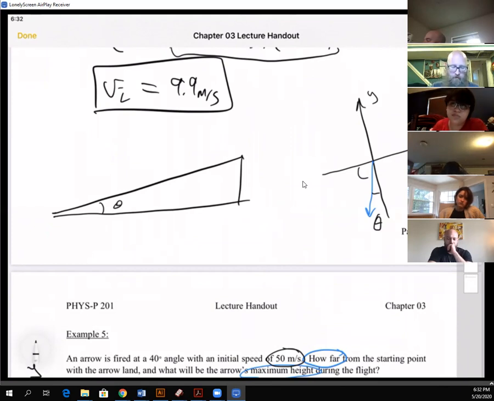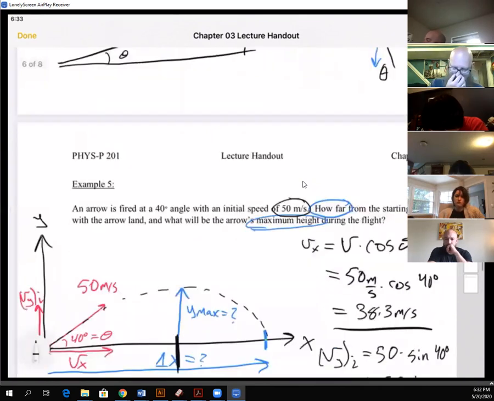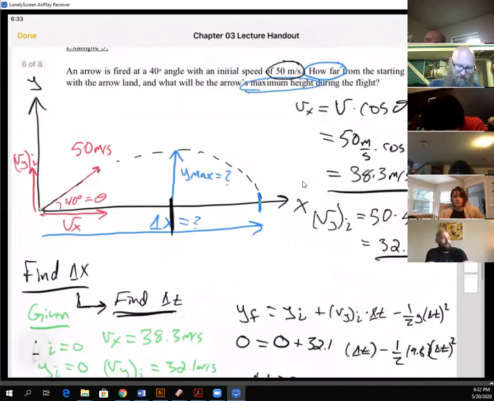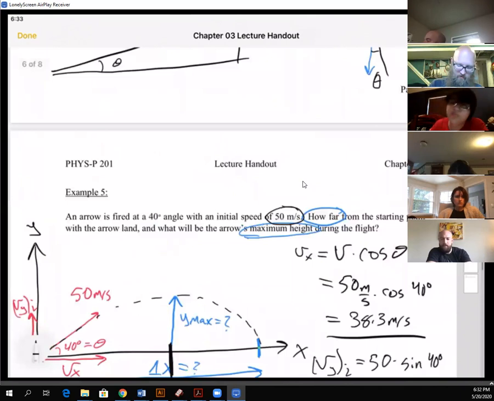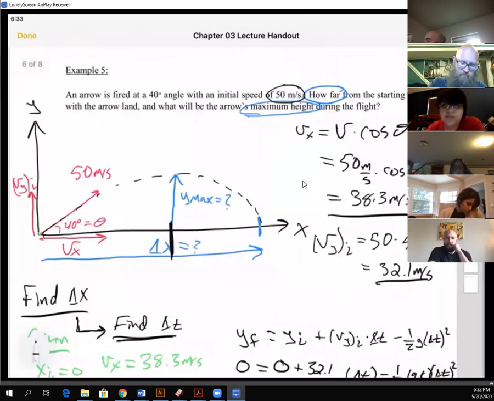Okay. So the last idea I want to talk about is projectile motion. And I did, again, post a video about this. This is the work for the problem that I posted previously. The idea is an object can move in both X and Y at the same time.